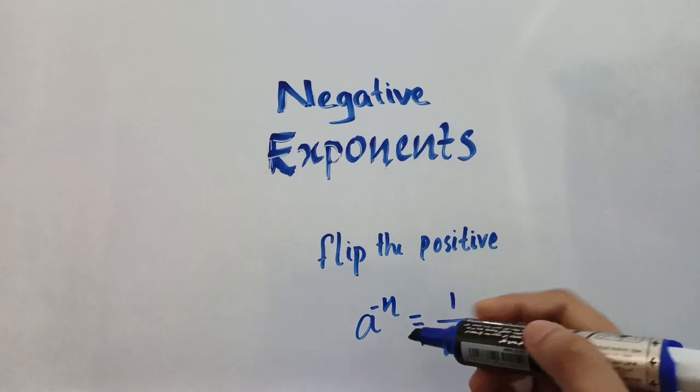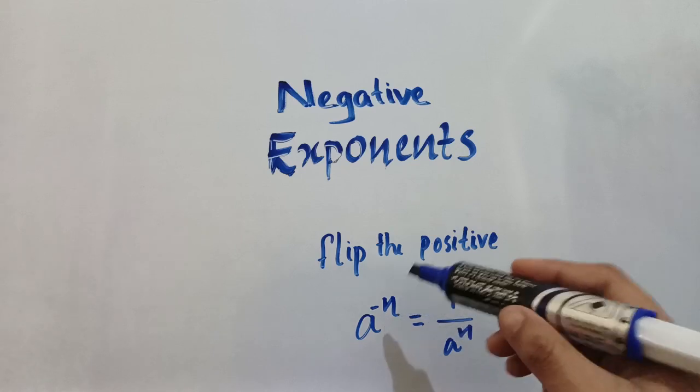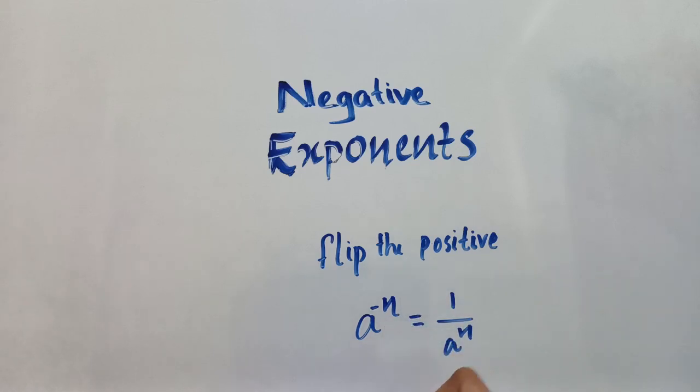So it is easy to find a raised to minus n. First we have to calculate the positive exponent a raised to n. Then we have to take the reciprocal of a raised to n, that is 1 by a raised to n. This is the answer for a raised to minus n.